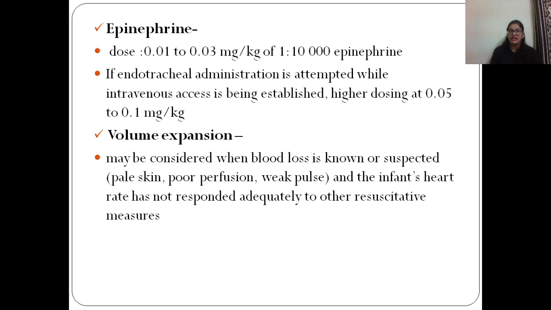The medication that is usually used is epinephrine, which is given in a dose of 0.01 to 0.03 mg per kg of 1:10,000 diluted epinephrine. And if endotracheal administration is attempted while intravenous access is being established, then you can give a higher dose of 0.05 to 0.1 mg per kg through the endotracheal tube.